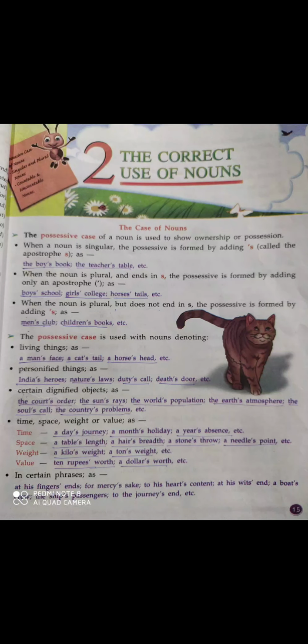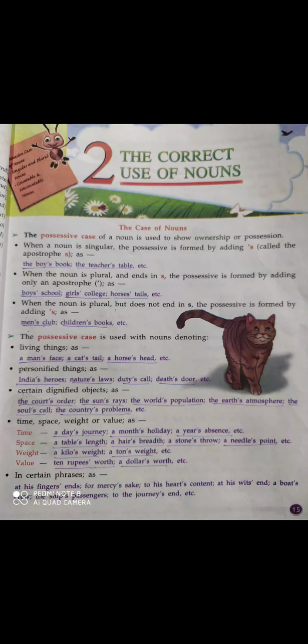Now a table's length, a hair's breadth, a stone's throw, a needle's point. All these phrases mean a very small space. Okay, it is very small space. All the phrases mean very small space. So this phrase is denoting space.